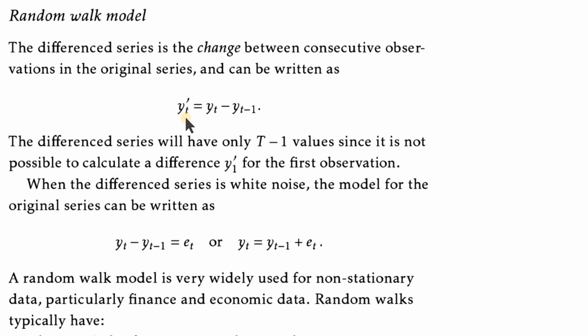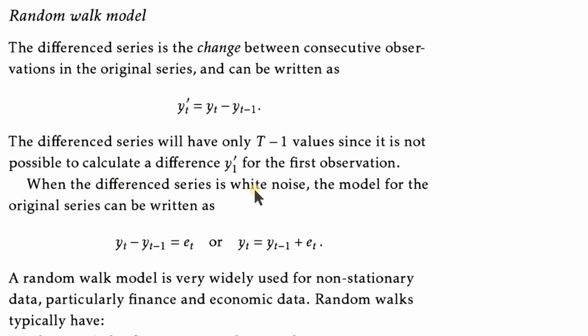We take the difference of the series and denote it as Yt prime, which means we difference one time, just like what I did just now. So Yt prime is equal to Yt minus the previous one, Yt minus Yt-1.